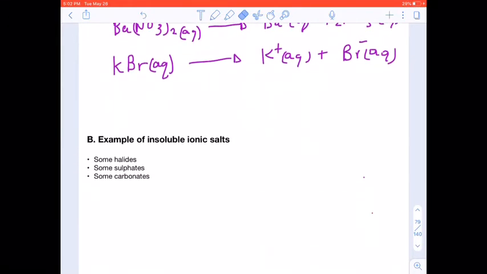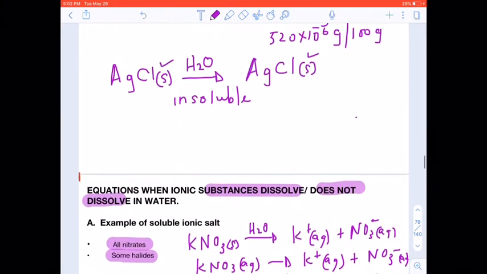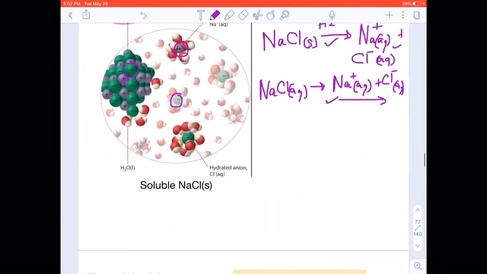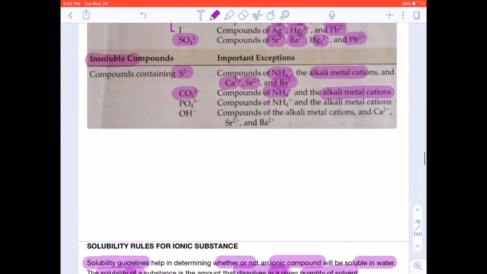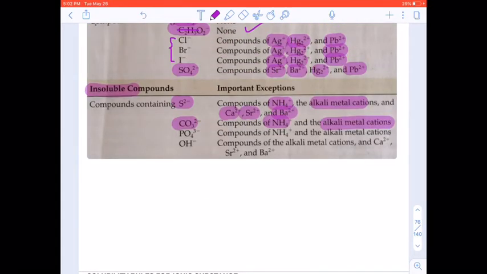Now let's look at examples of insoluble ionic salts. So some halides are insoluble. And which halides are insoluble? We saw here, there we see the silver. If we look at chloride, then we see silver chloride is insoluble, mercury chloride is insoluble, lead chloride is insoluble.